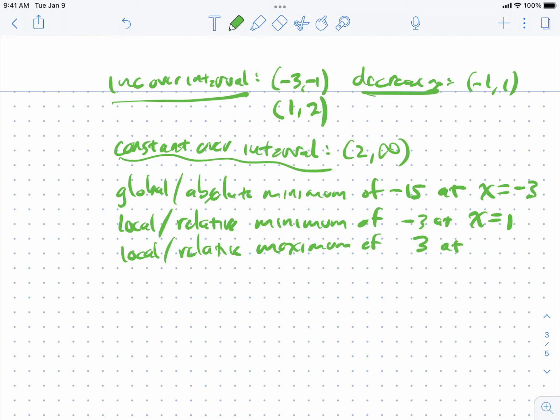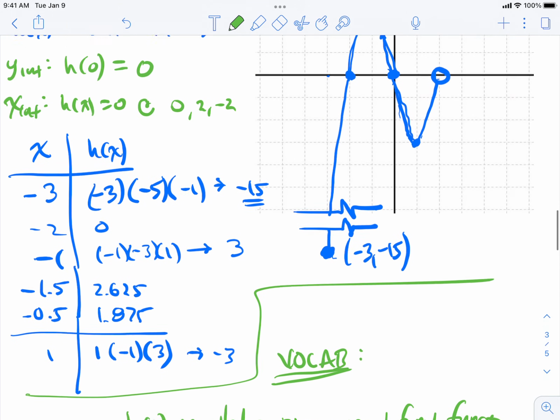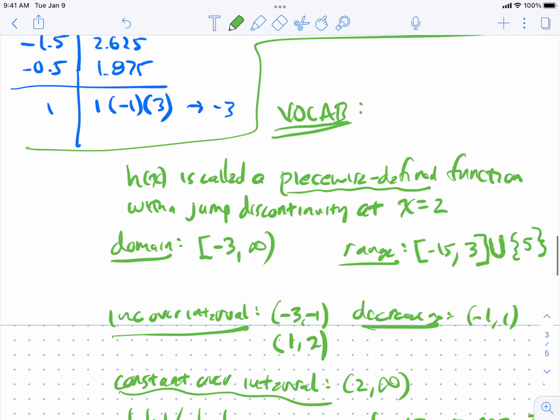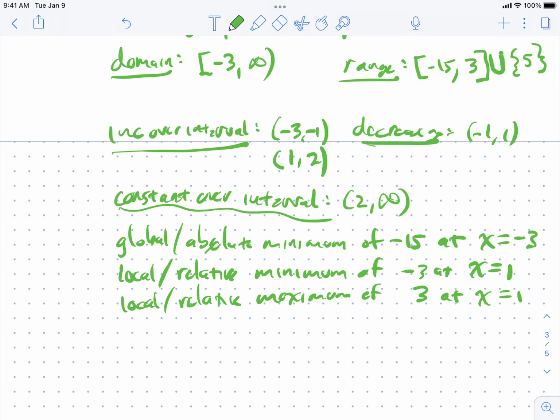So the output is 3, and it's occurring at x equals -1. Whoa, I kind of messed that up. -1. That's better.